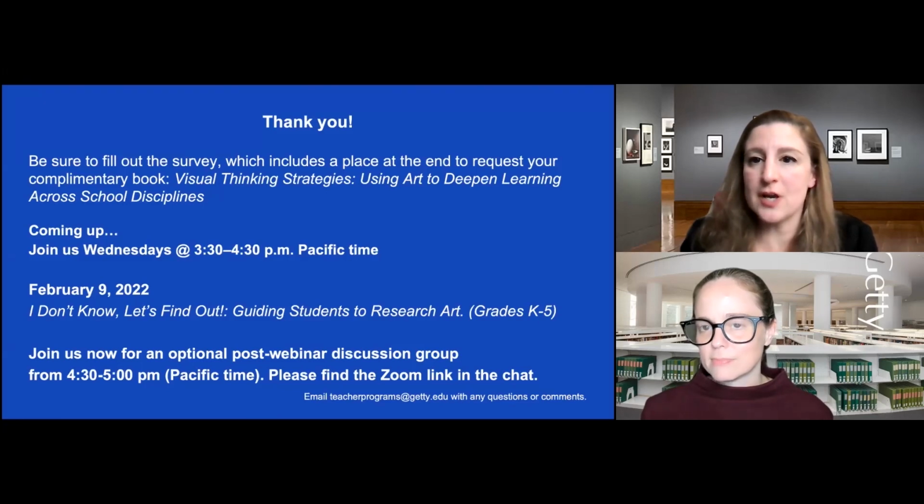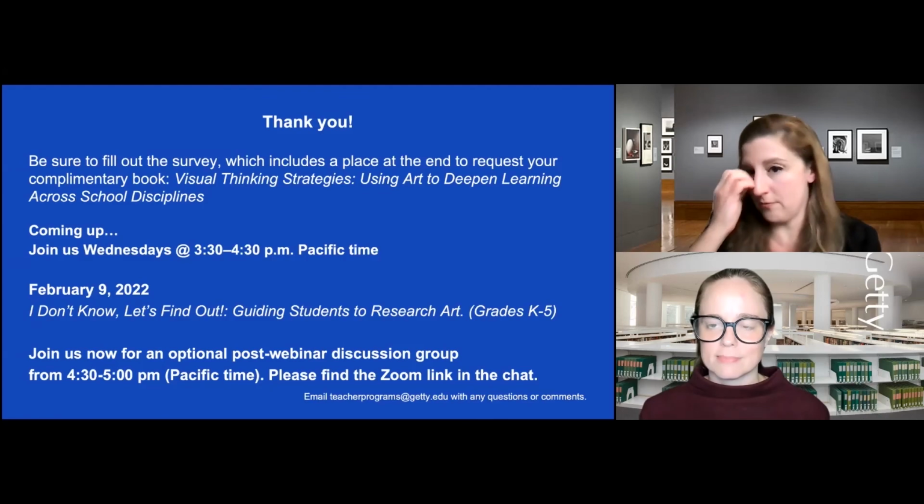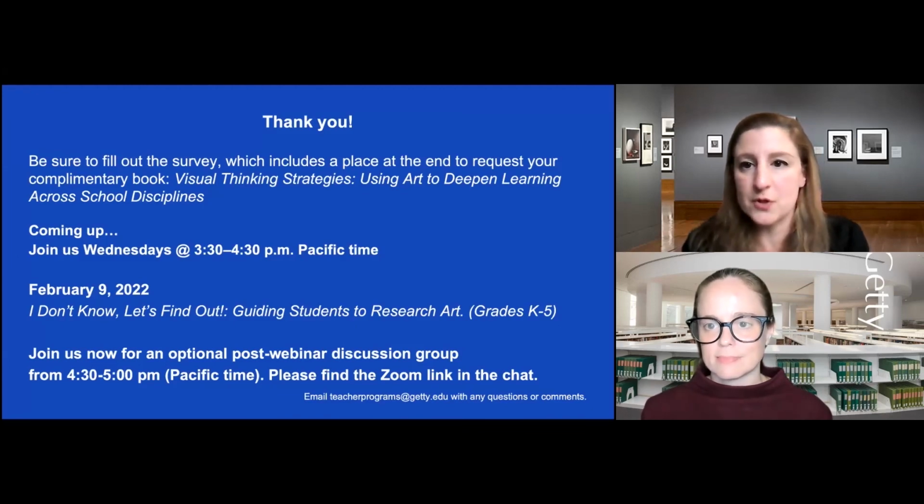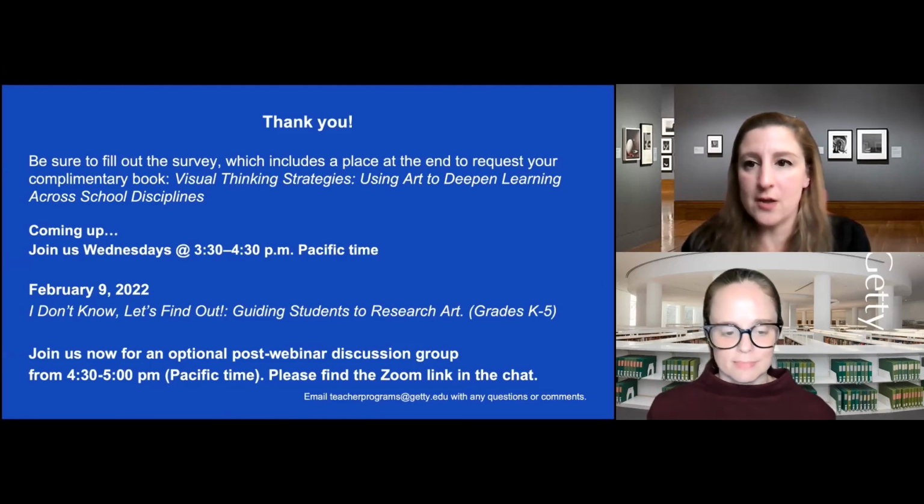There's a question about students not knowing what to say. Hopefully by talking about using icebreakers and starting with simpler questions to break the ice and get students comfortable with looking at works of art and noticing things, that helps.